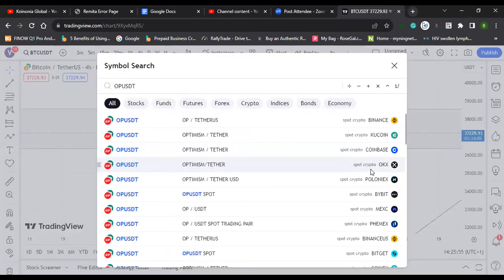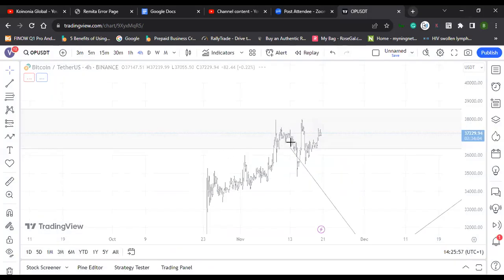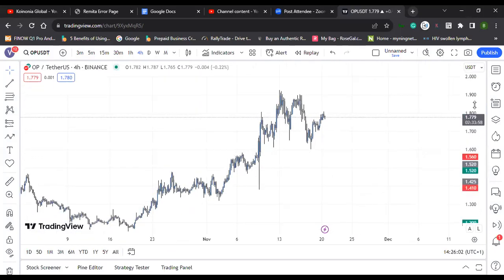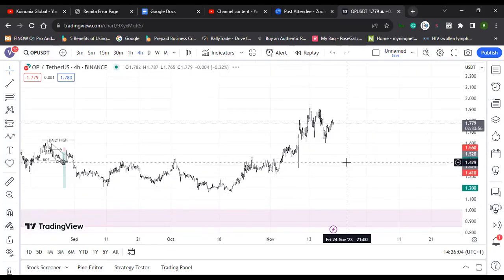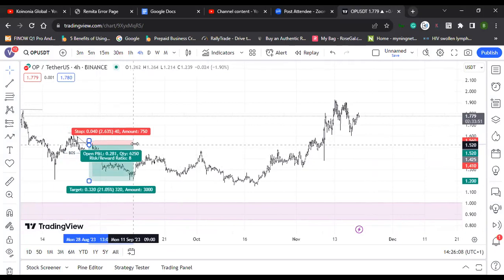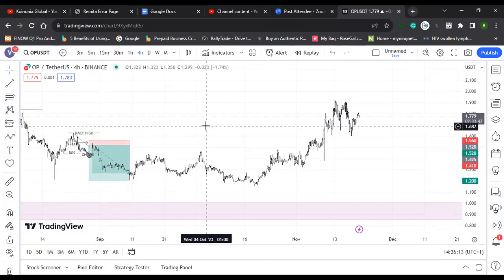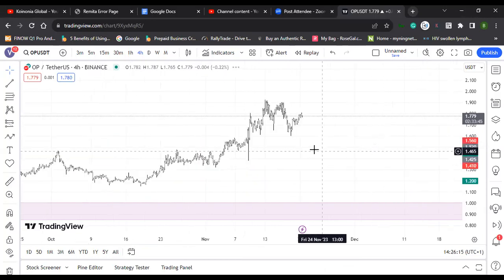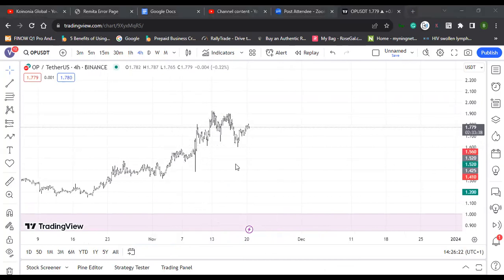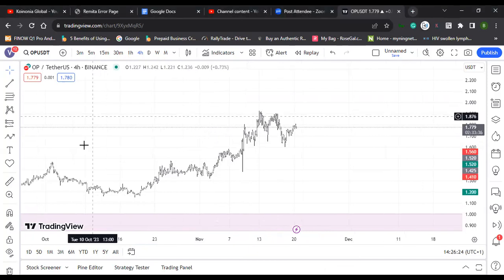OP USDT. Now back to your question, right? What am I expecting OP USDT to do? Now, this guy has given me this kind of pattern, right? Oh, this is so clean. Can you guys see it? This is so clean. So now OPUSDT, fine. If Bitcoin is saying it's going to be bearish, meaning OPUSDT is also going to be bearish, right?